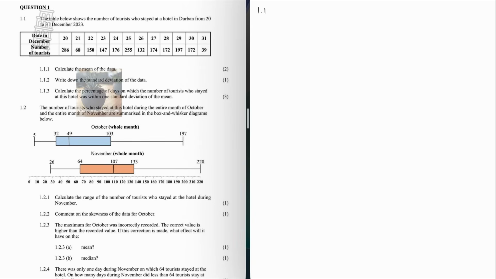Question 1.1.1 says calculate the mean of the data. So to calculate the mean, x bar is the mean, and that's going to equal the sum of all of these values, because those are the number of tourists. If we add all of that up, we get 1968, and we're going to divide this by the number of days.